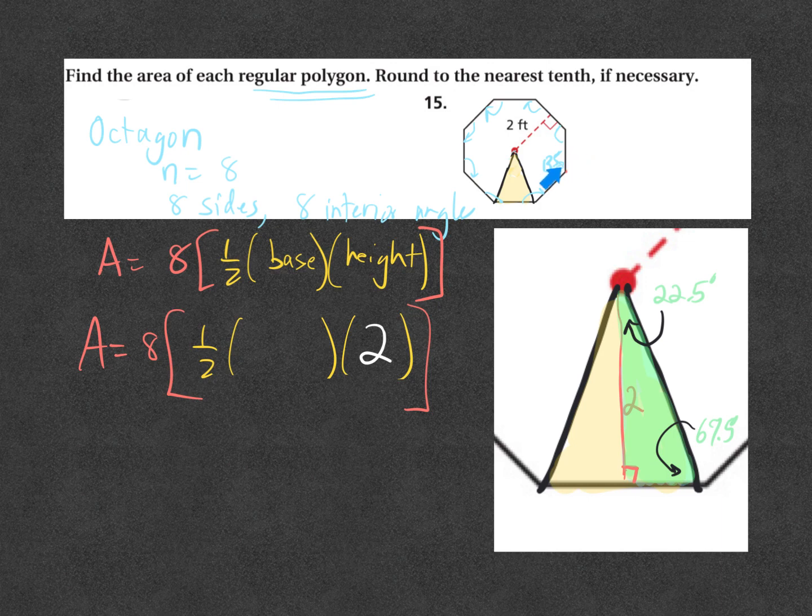Finally, your last option for finding the measures of these acute angles of our right triangle is, again, to find the measure of an interior angle, but instead of doing it the last way, by finding the sum of all interior angles, which is 180 times n minus 2, and n is the number of sides. So that gives us 180 times 6, which is 1080, and then divide that by 8, because if that's the sum of all the interior angles, then each one will be this total divided by 8.